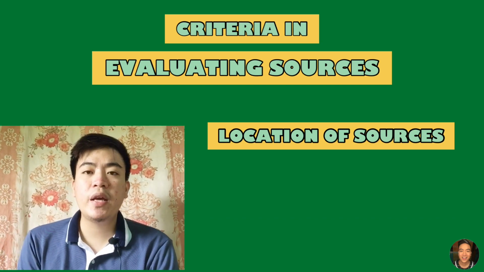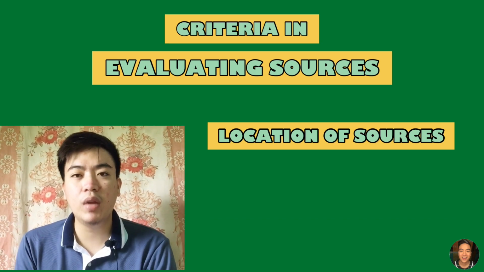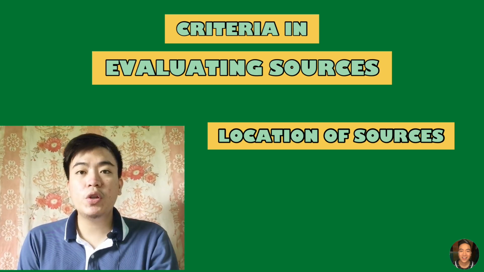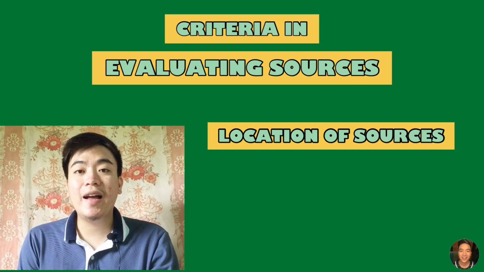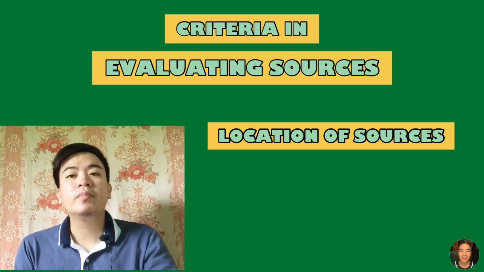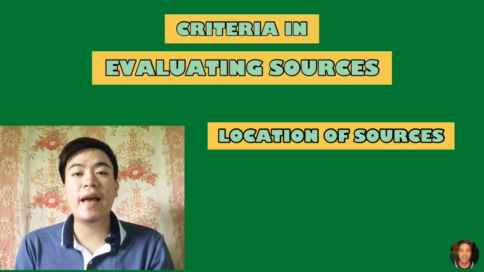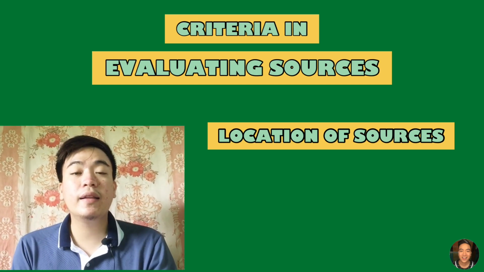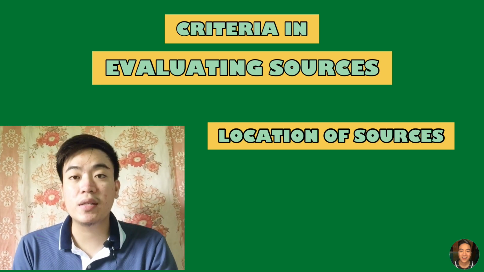Avoid using information from personal blogs, Wikipedia, Wiktionary, and Wikicodes. You should only consider URLs that have top-level domains such as .edu. .edu means that it is published by a reputable academic institution such as a university.